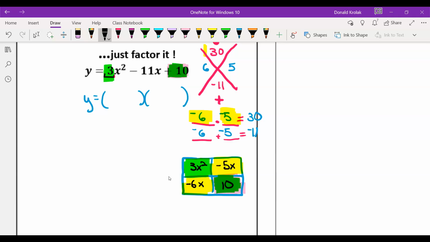Okay, now what you're going to do is you're going to GCF the rows, and then you're going to GCF the columns, and that's going to give you what goes here.